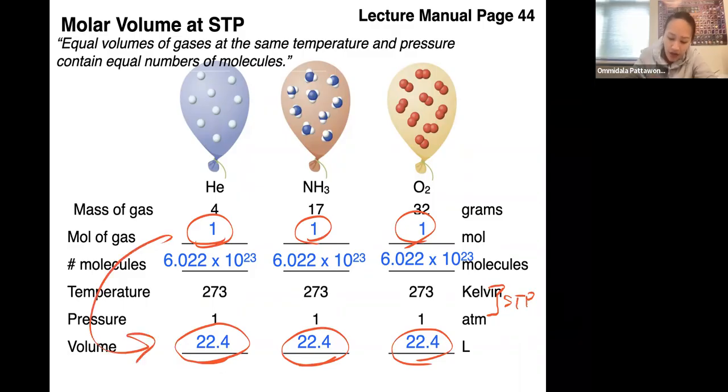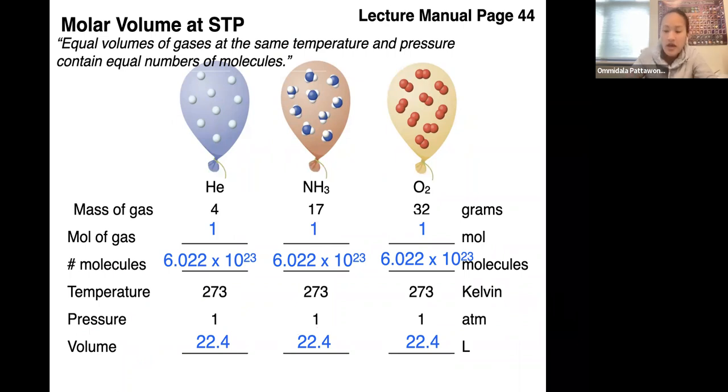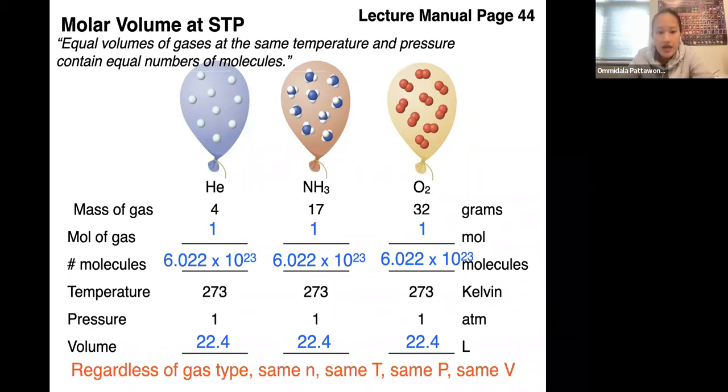That means the size of the balloon of 1 mole of gas would be equal for all of them, regardless of the type. So regardless of the type of gas, same number of moles, same temperature, same pressure, they are going to have the same volume.